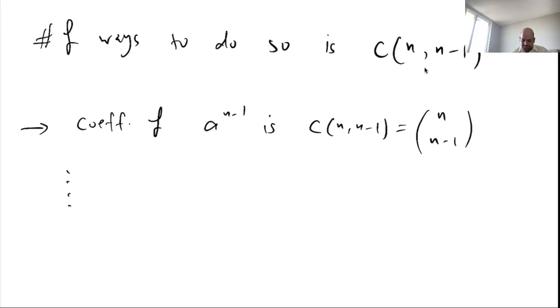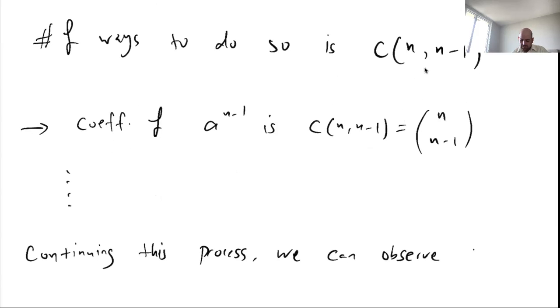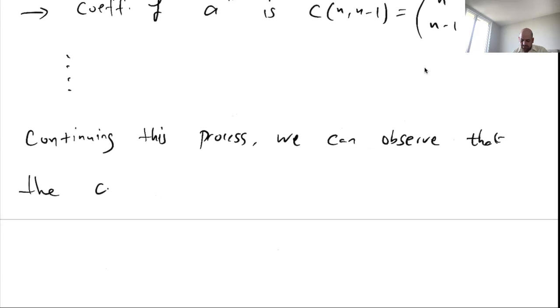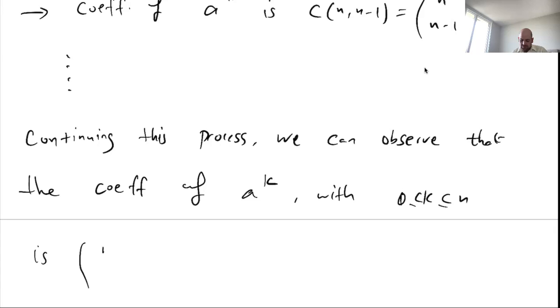Continuing this process, we can observe that the coefficient of a to power k, with k between 0 and n, is n choose k.